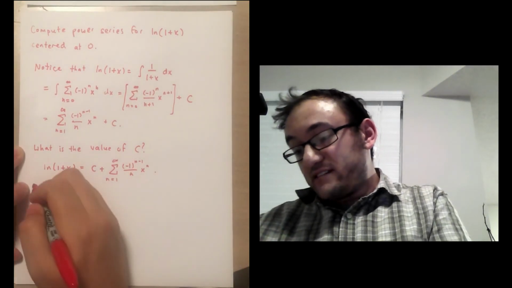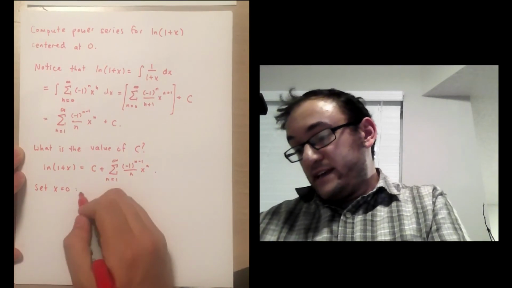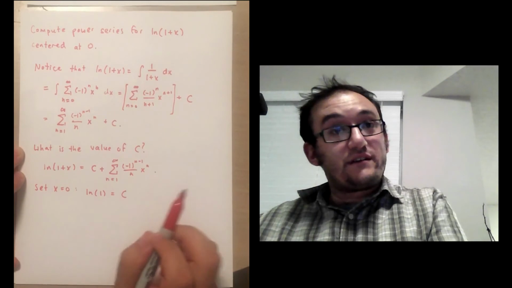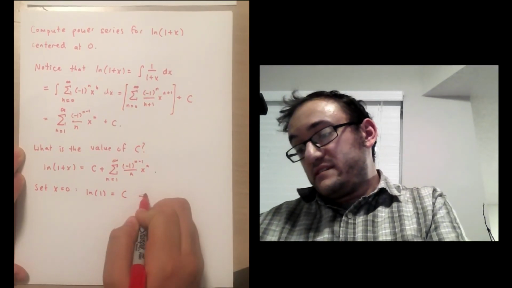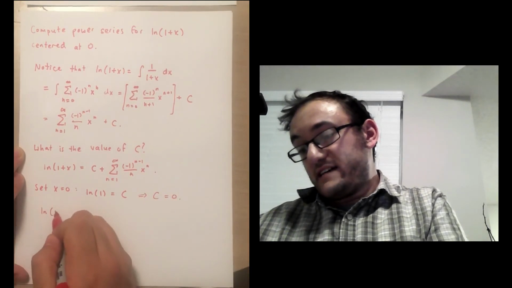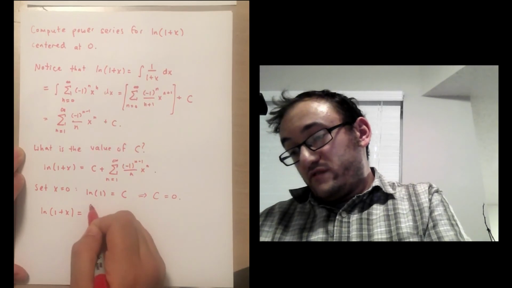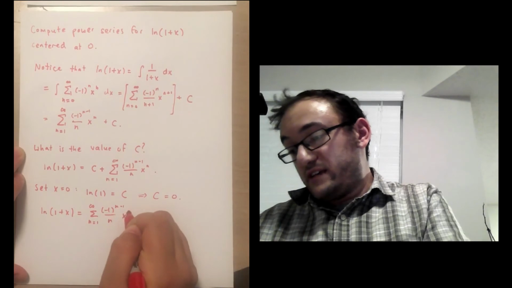So if I set x equals 0, what I'll obtain is ln of 1 equals c plus a whole series of zeros. Okay, so it's just ln 1 equals c, but that means c is just 0. So ln of 1 plus x equals the sum from n equals 1 to infinity of (minus 1 to the n minus 1) divided by n times x to the n.